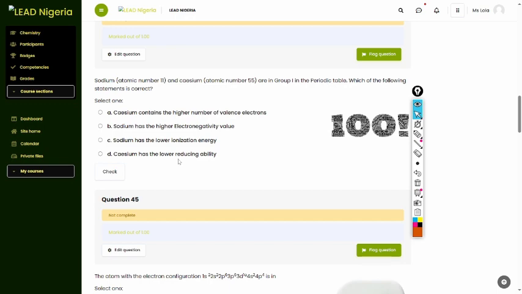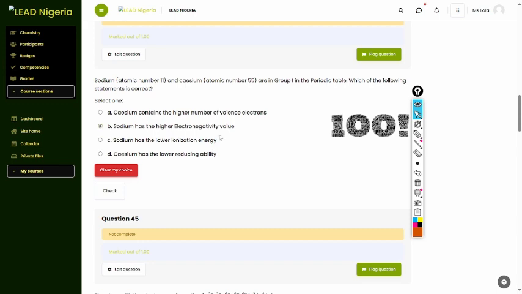So cesium loses electron more easily than sodium, so it has a stronger reducing ability than sodium. Okay, so that means the correct answer is B. I just have to double check there to make sure we are on the right track. Okay, so B is the correct option here.